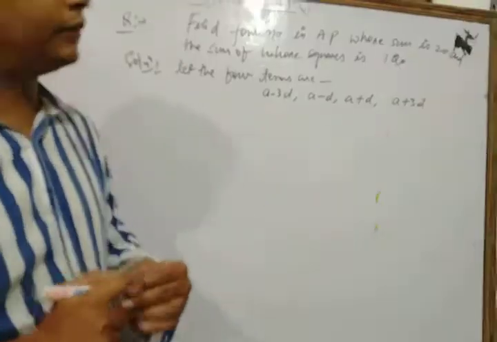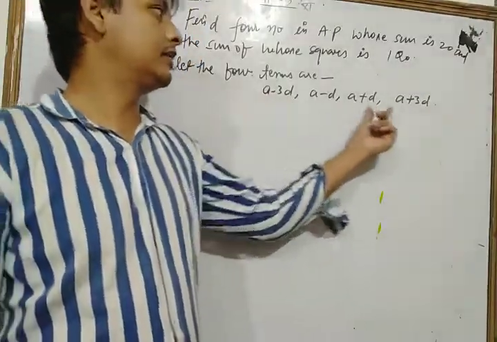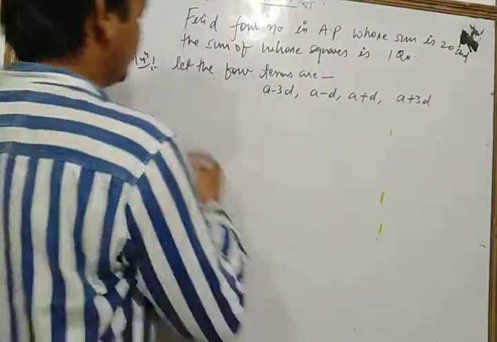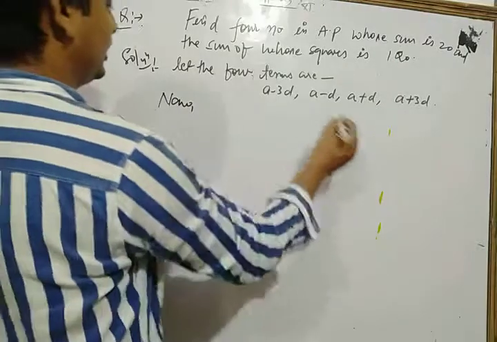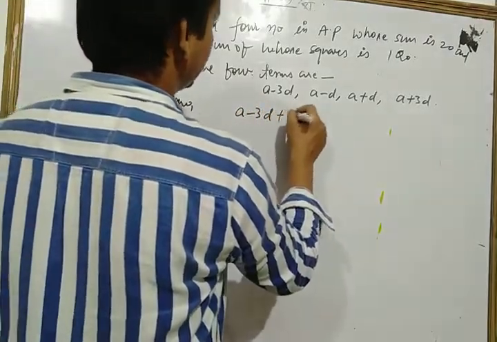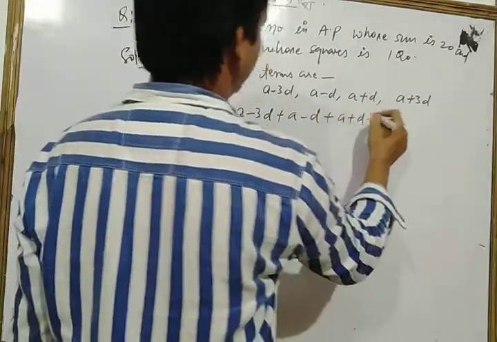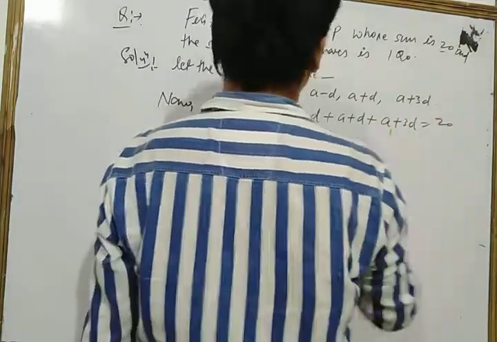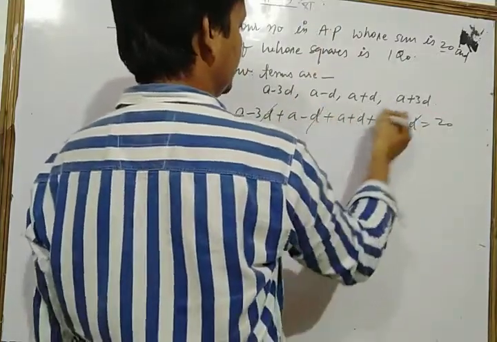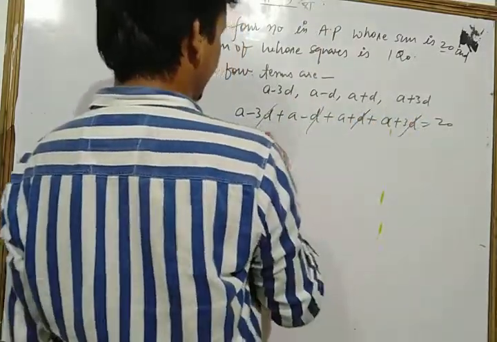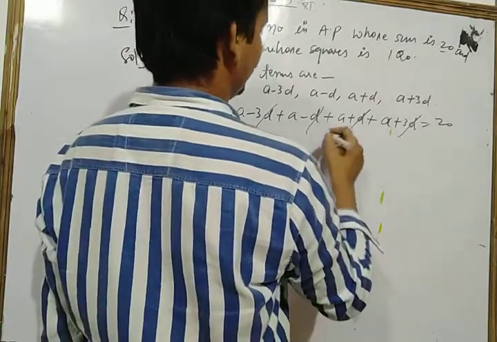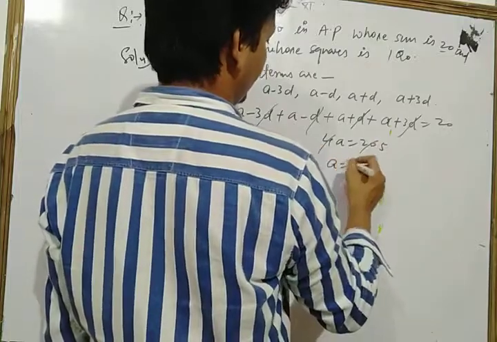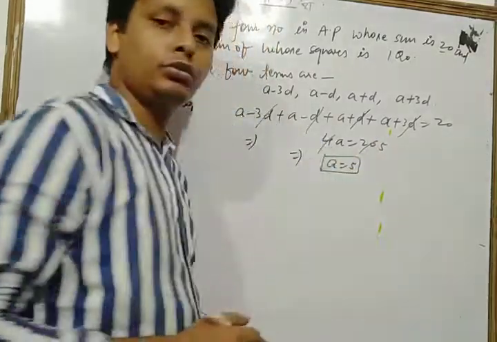Now according to the question, their sum is 20. So a minus 3d plus a minus d plus a plus d plus a plus 3d is equal to 20. Here plus d and minus d cancel each other, and minus 3d and plus 3d cancel each other. Now we get 4a is equal to 20, so 4 times 5 is 20. So the value of a is equal to 5.